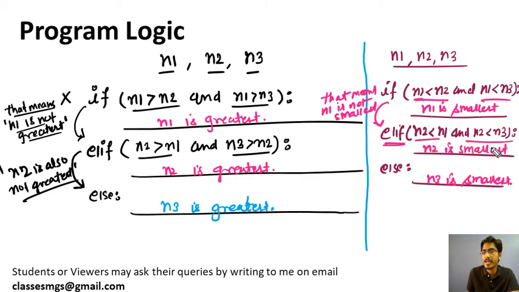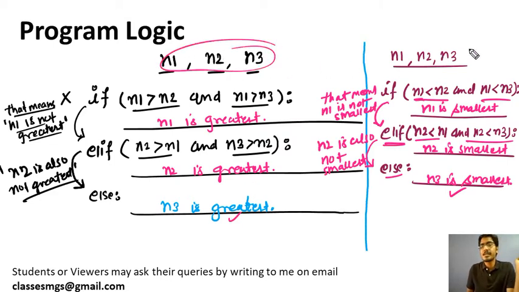If n2 is smallest, then we will go here. If we are going down this else part, that means n2 is also not smallest. If we are coming here, that means n1 is not smallest, and n2 is not smallest, then what? n3 is the smallest.